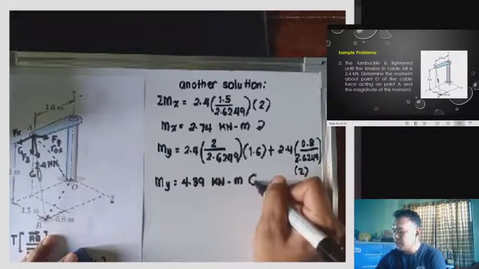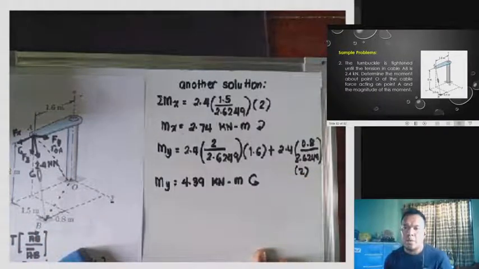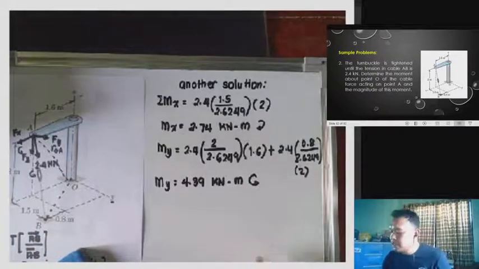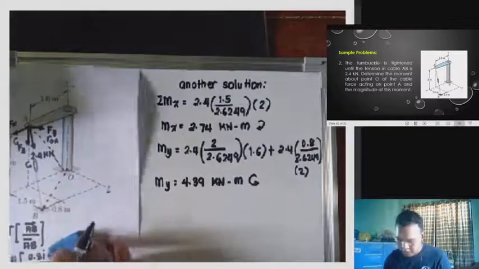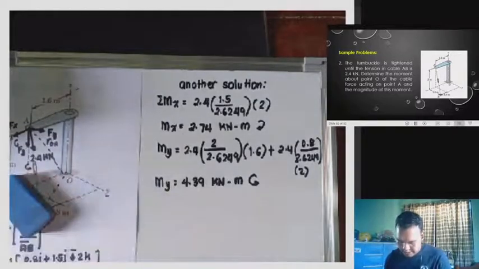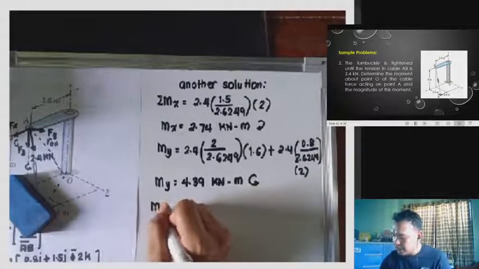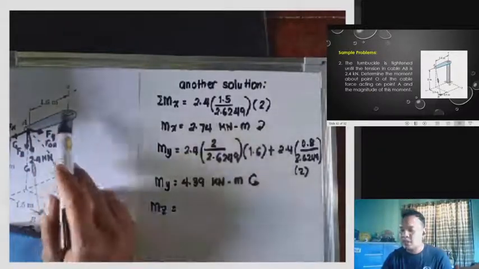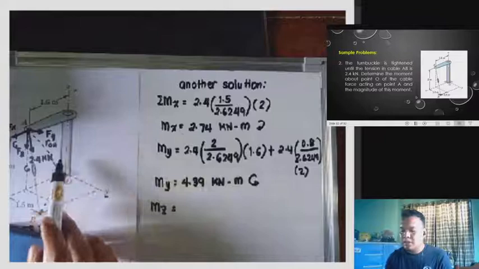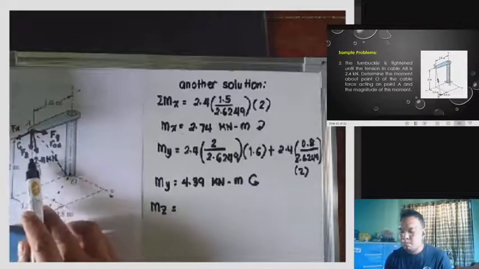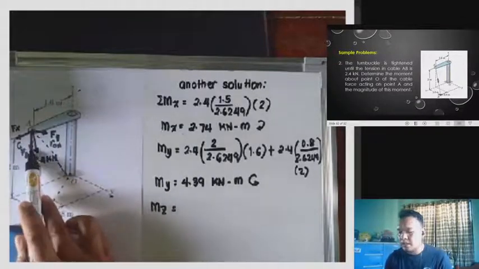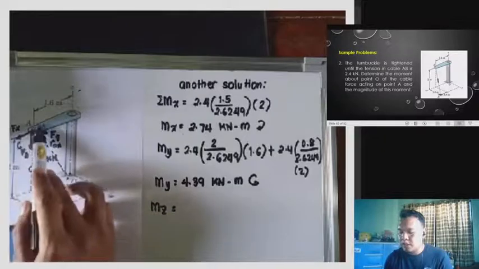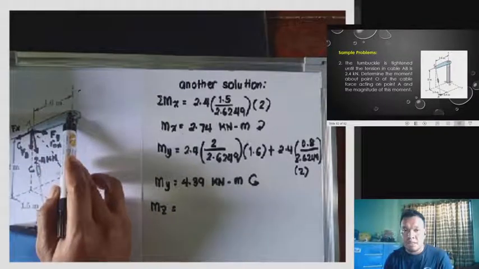Ang movement niya ay counterclockwise. Okay. Then, we have here mz. Mz natin, kung mag-moment ako sa z-axis, so, ibig sabihin yung fz natin is parallel, hindi na siya mag-moment. Si fx, kung tuloy-tuloy po natin yan, tama bang nag-pass through siya dun sa z-axis? So, hindi na rin siya mag-moment.